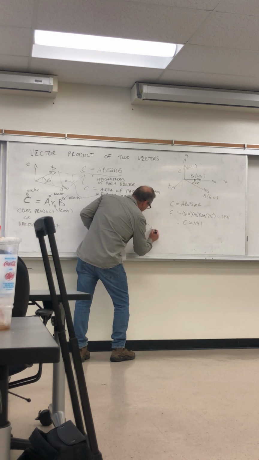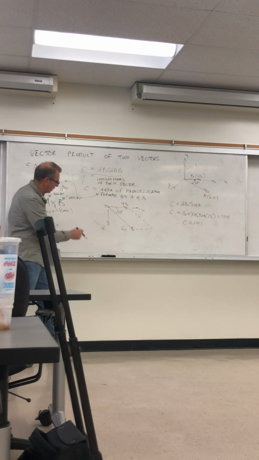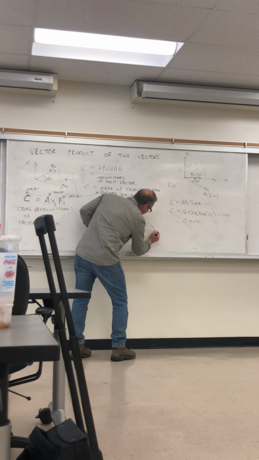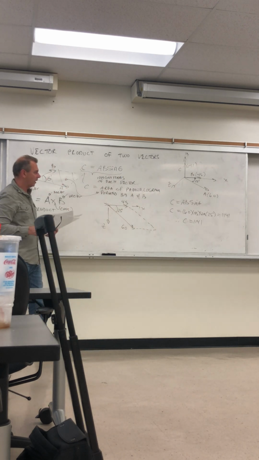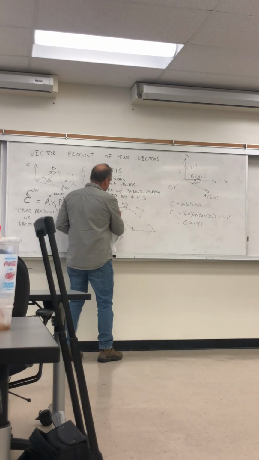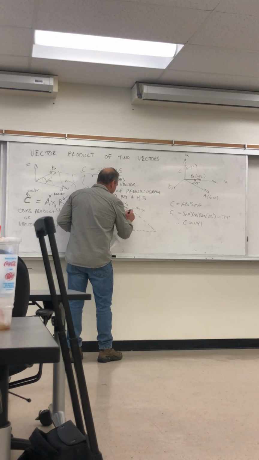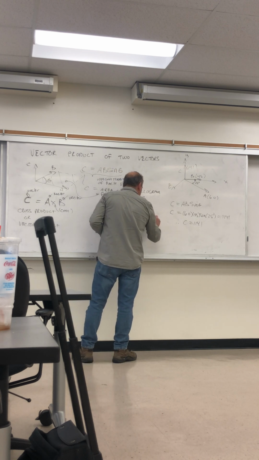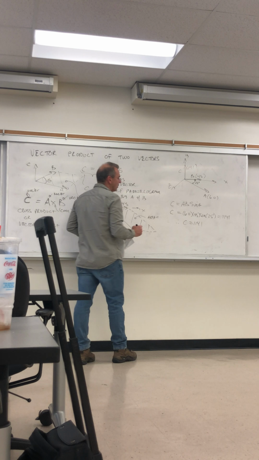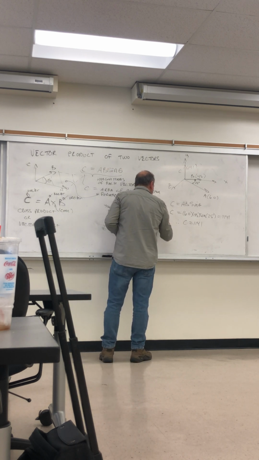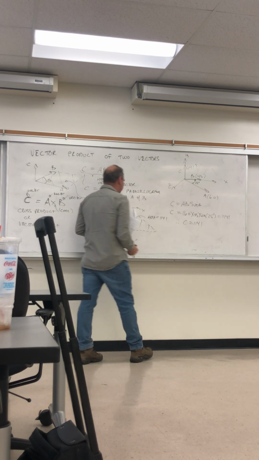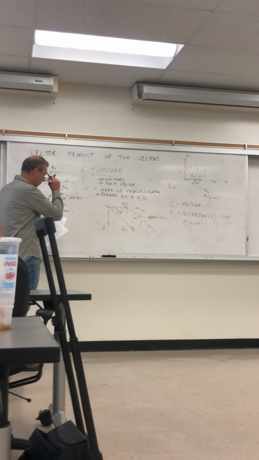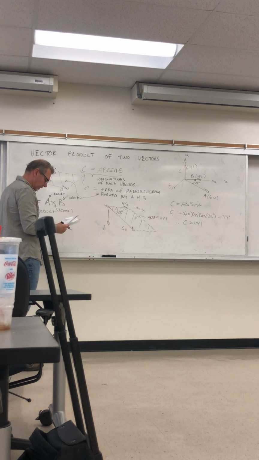And then the area that is made up, this area here, is equal to C, which is 1,140. So it's the area of the parallelogram made up by these vectors.